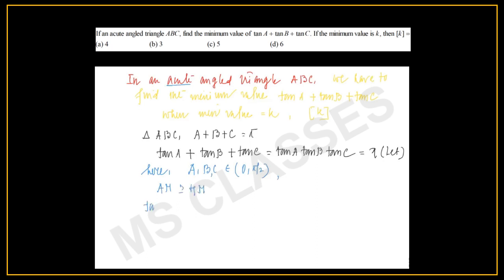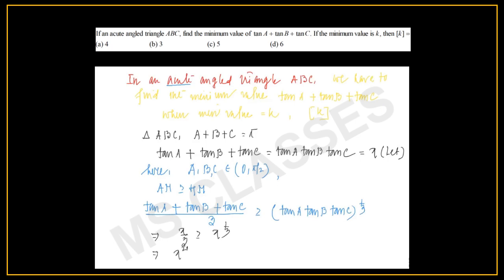So (tan A plus tan B plus tan C) whole by 3 is greater than or equal to (tan A tan B tan C) to the power of 1 by 3. Now we know this is x, this is also x. So you can substitute here: x by 3 greater than or equal to x to the power of 1 by 3.